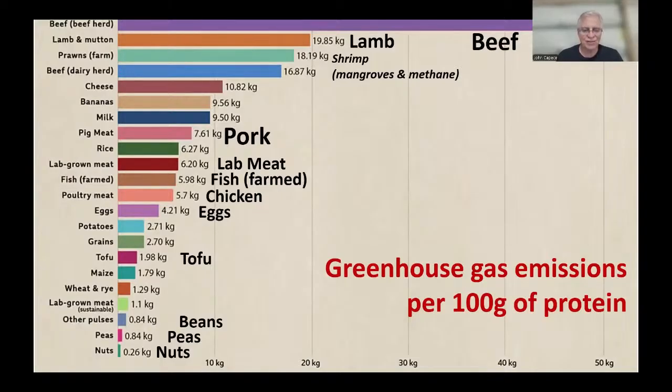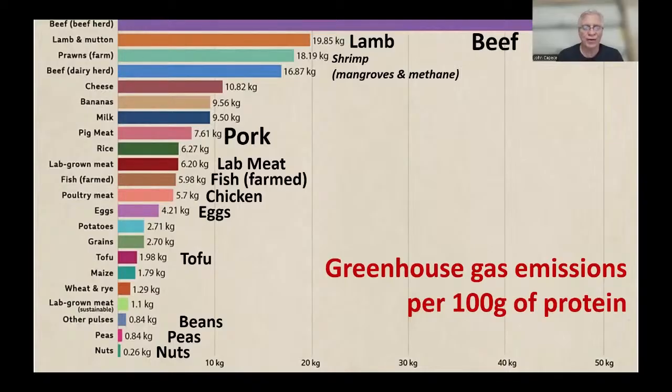These differences by food type are quite dramatic. Beef generates a staggering 50 kilograms of emissions per 100 grams of protein. Lamb and mutton follow at nearly 20 kilograms. Farm shrimp carries a high climate cost due to its mangrove destruction and methane generation.